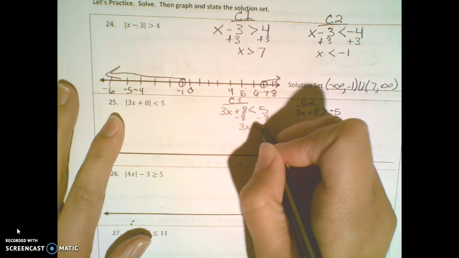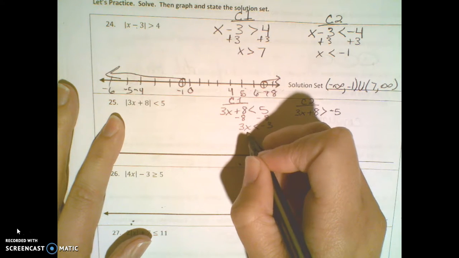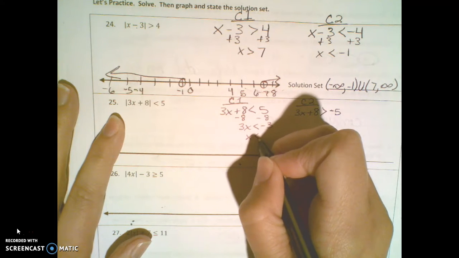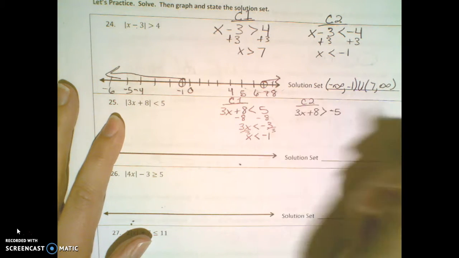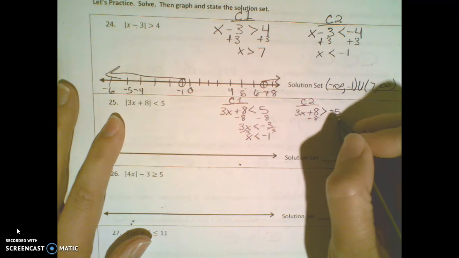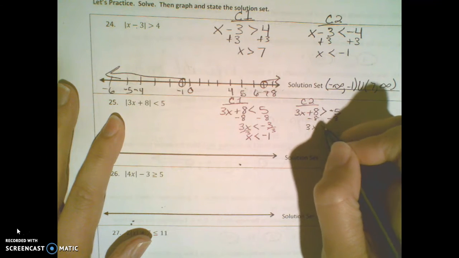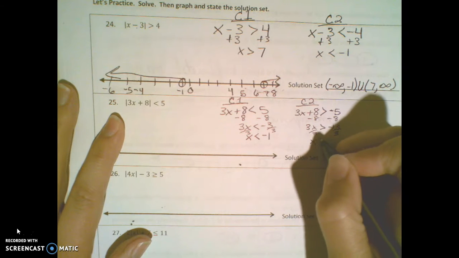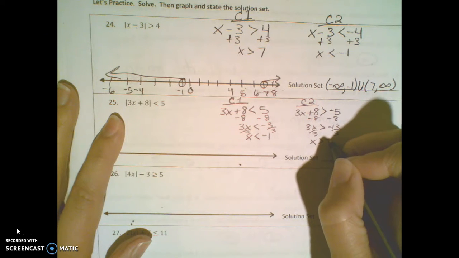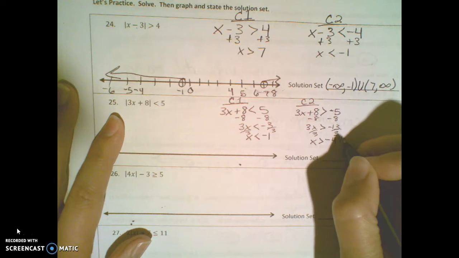So we have 3x less than negative 3, and then x is less than negative 1. I just divided both sides by 3. And then this one, subtract 8. So we have 3x is greater than negative 13. Divide both sides by 3. We have x is greater than negative 4 1/3.